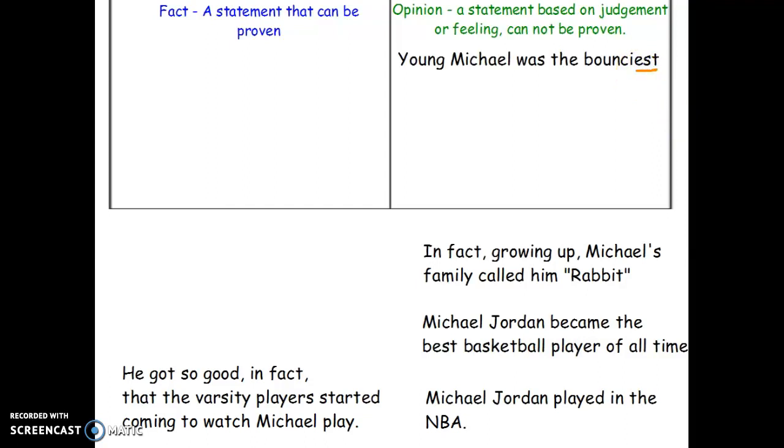Bounciest. There's absolutely no way we could prove that Michael Jordan was the bounciest. That might be someone's opinion, or the way someone felt that had observed Michael and the way he behaved and all the energy he had. Someone may have felt like he was the bounciest, but that's not something we can prove. It's based on someone's judgment or feeling. So that would be an opinion.